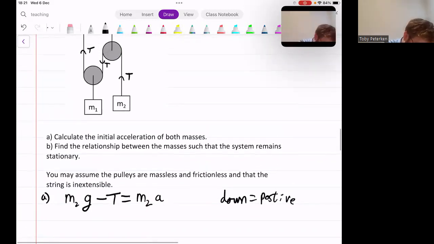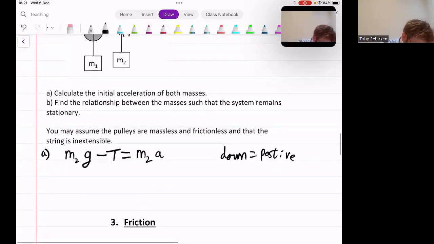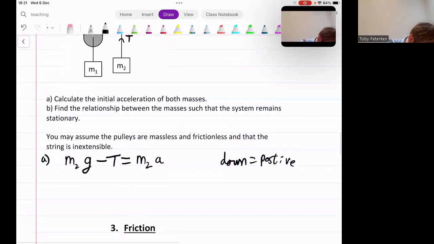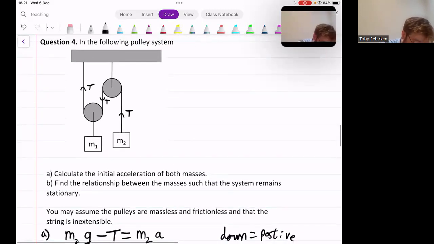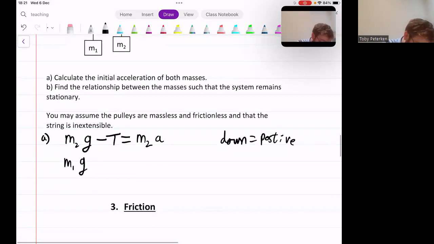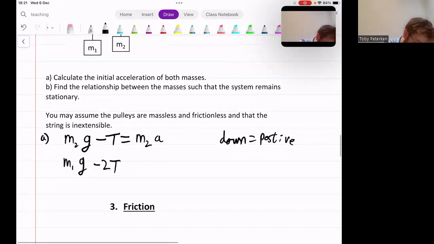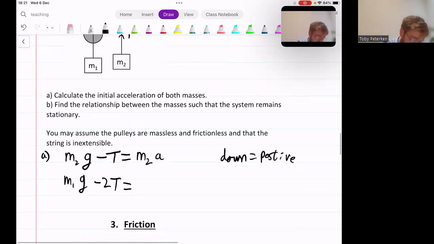And similarly, if we look at m1, the weight down is m1g, and the force up, well, this one here is being held up by two pieces of the rope. So actually the force up is 2T. And this is equal to mass times acceleration, which is m1a.